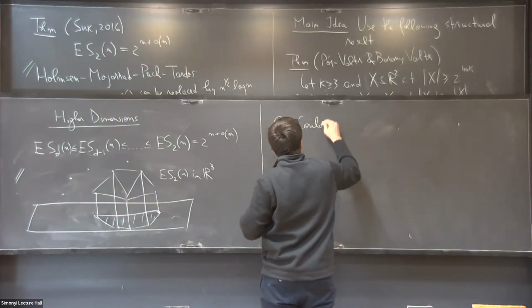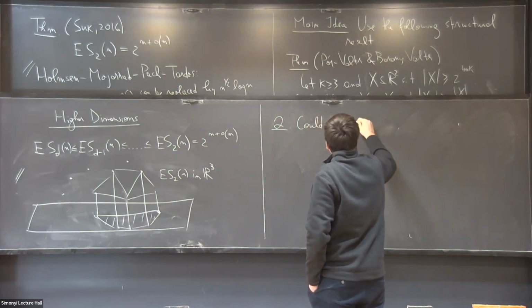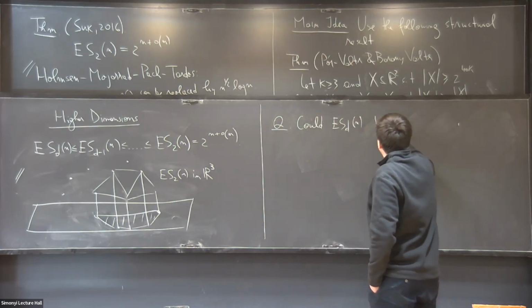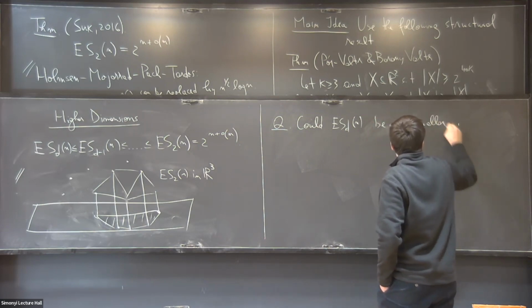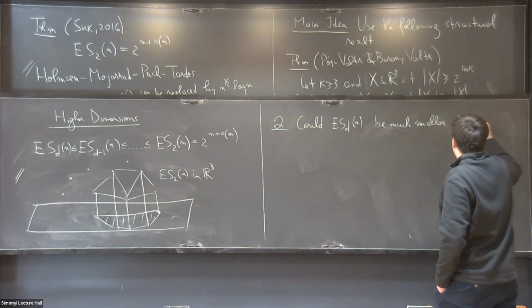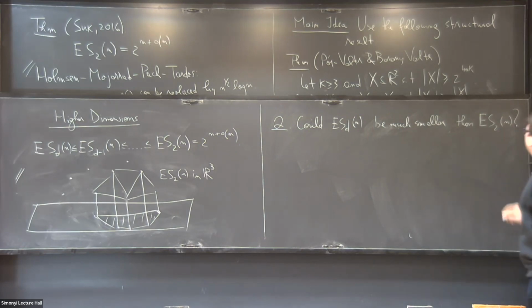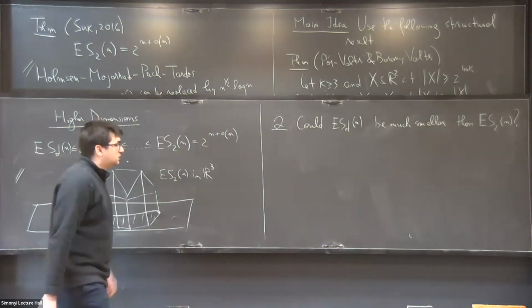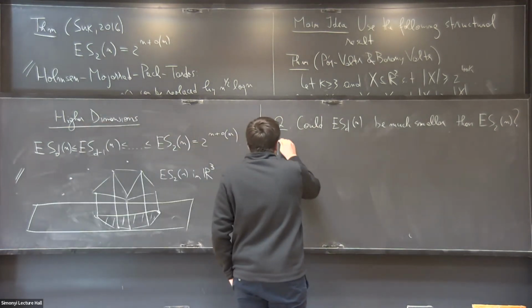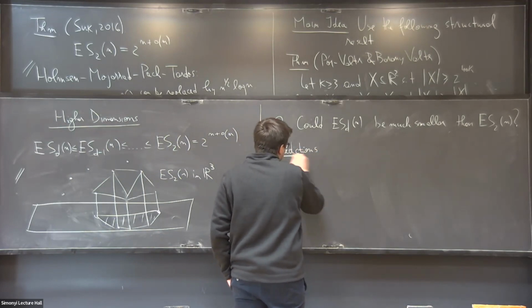In particular, could the d-dimensional Erdős-Szekeres function be much smaller than the planar one? Should it be easier to find n points in convex position in space than in the plane? Multiple predictions.